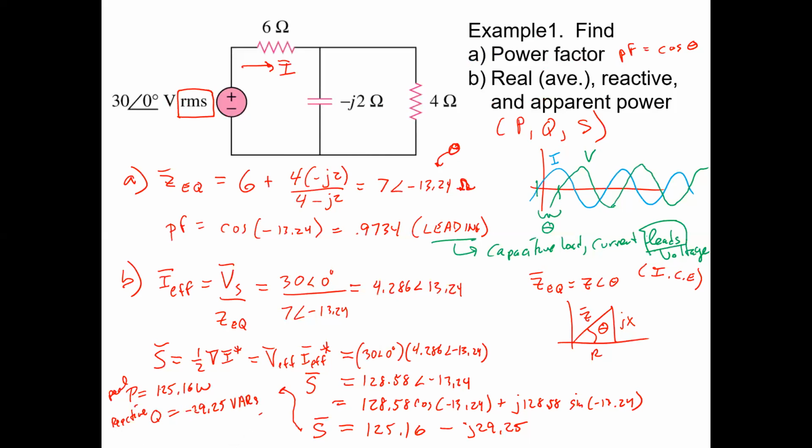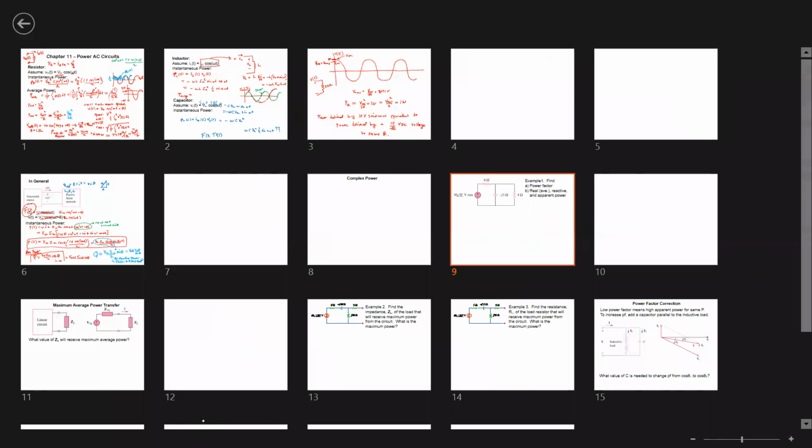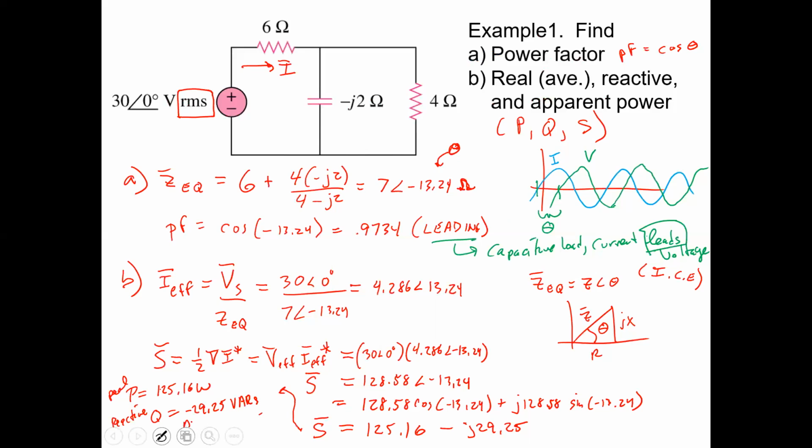And the apparent, I'm really running out of room here, apparent. This is the magnitude, it's just going to be 128.58 VA. You can squeeze that all in there. That is the answer.